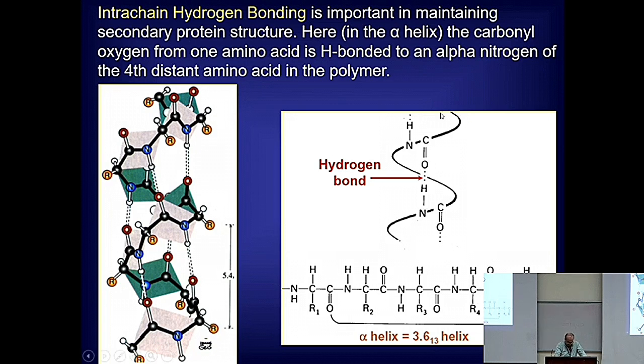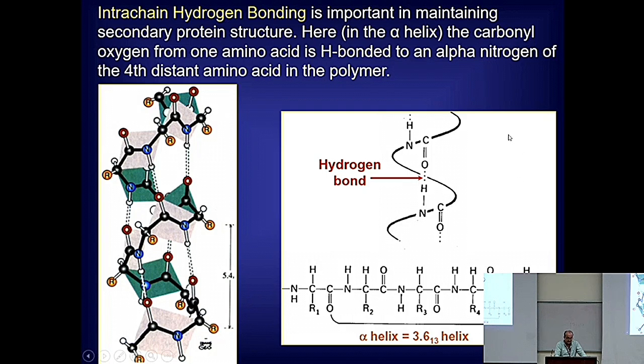So I want you to look at this here. Here's a polypeptide, and that's the alpha helical structure. Here's one peptide bond between two amino acids in that polypeptide, forming a hydrogen bond, these dots there, with another peptide bond within that helix.